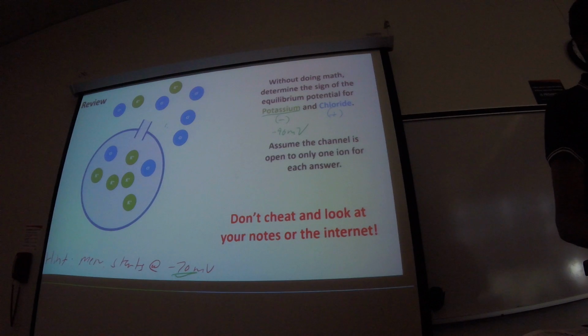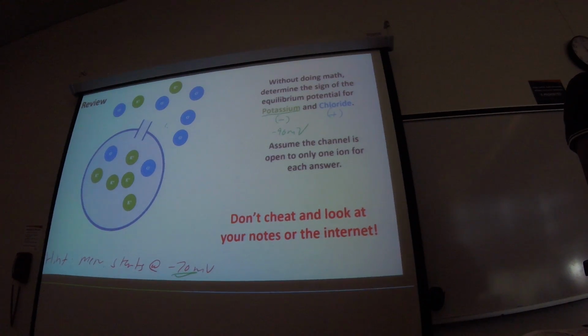Positive. Think about it this way. Chloride, through the chemical gradient, will go in this direction, right? Chloride's negative, so as this goes in, it's going to make this more negative.